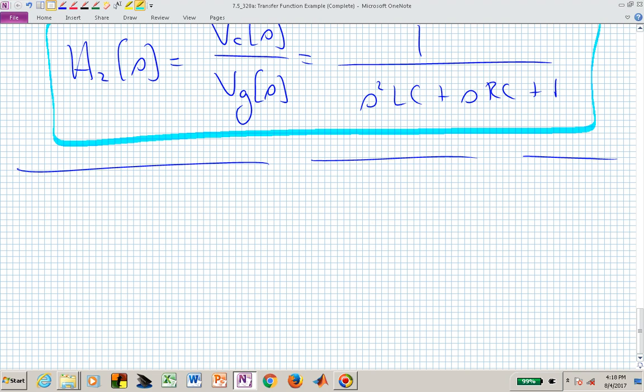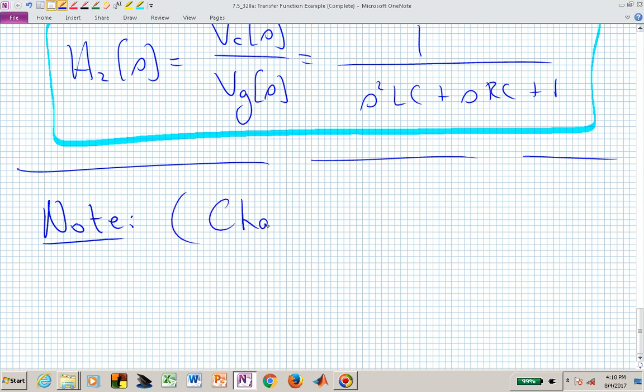They're both arising from the same exact circuit. So you would expect the transfer functions to have some similar characteristics. And that's what I want to finish this particular video with, the following statement.